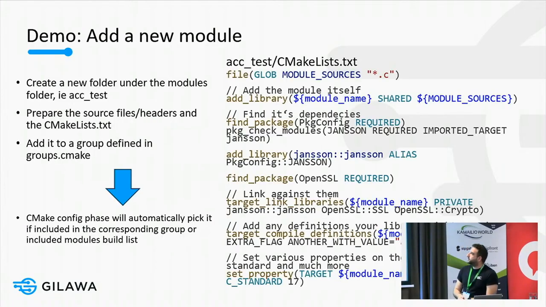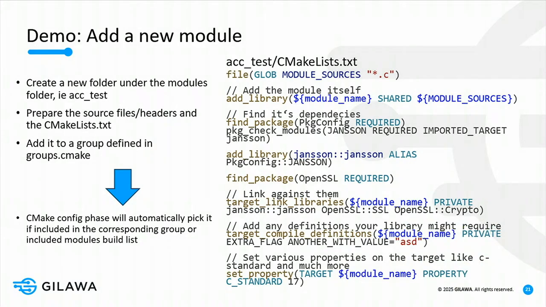Okay, let's try a small demo. How to add a new module is pretty straightforward. You can create a new folder under the modules folder. For example, let's call it acc_test, doesn't matter. But remember, the name of the folder will be the name of the target as well.